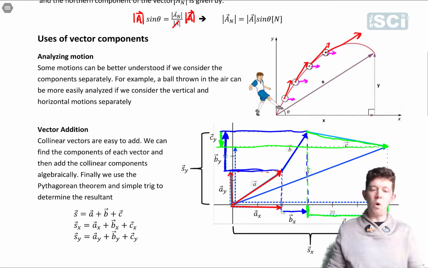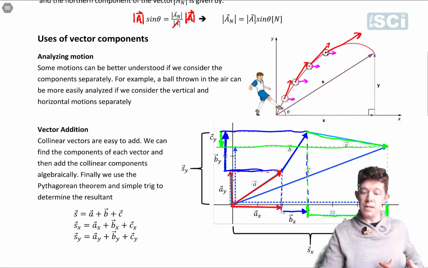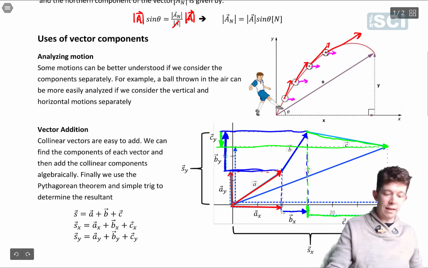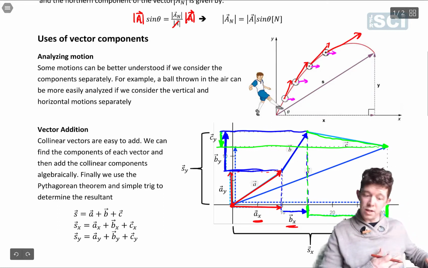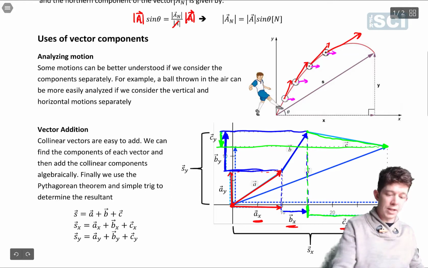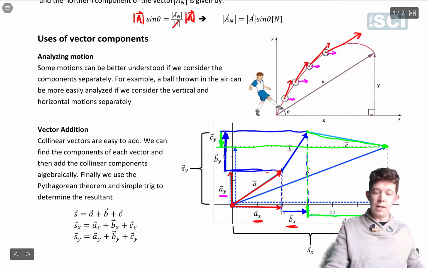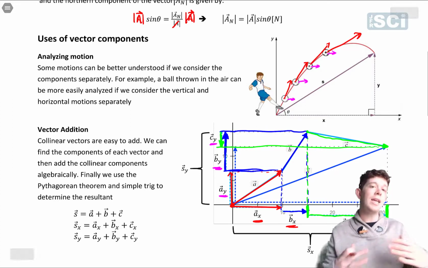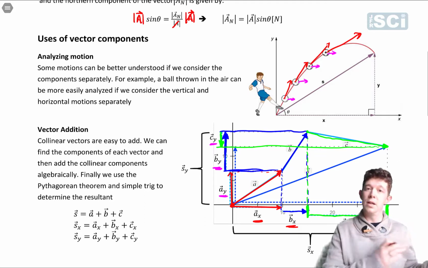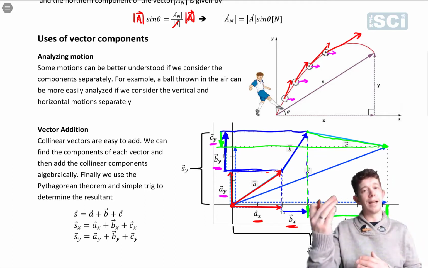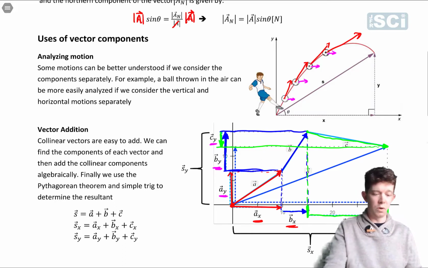So if I'm looking at the overall sum of these vectors, the length from the very beginning to the very end is the length of AX plus BX plus CX, all in the horizontal direction. And in the vertical direction, it would be the length of AY plus BY plus CY. So if I know how long each piece of my vectors are in the X direction, I can add those together. And I can add my Y direction lengths as well to get the overall length.